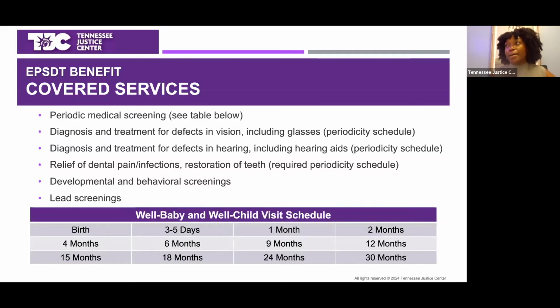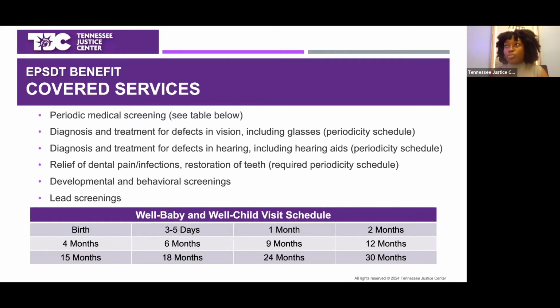So, periodic medical screenings. If you look at the bottom of your screen, you'll see the well-baby and well-child visit schedule. TennCare beneficiaries will actually get a letter in the mail with this written out, essentially saying this is when you should take your child to the doctor.